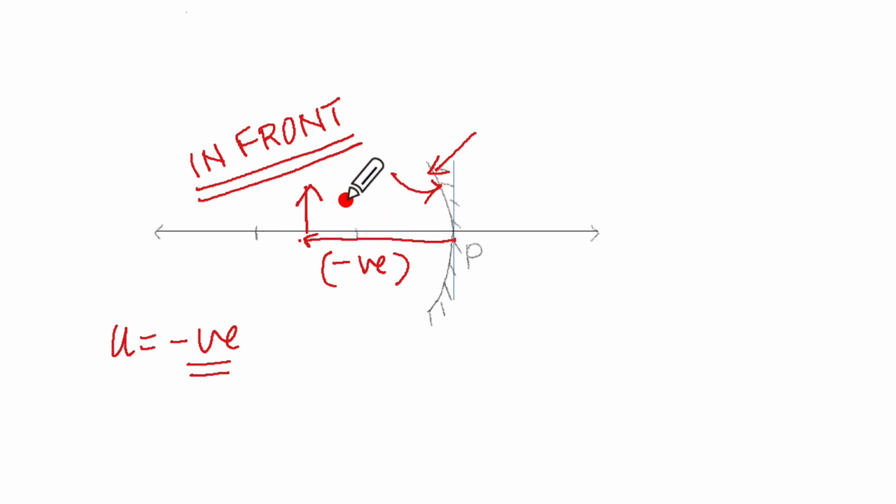Now if the image is formed in front of the mirror, then the image distance will be measured from here up to here, and you are going this way, which is opposite to this direction, and so the image distance will be negative.